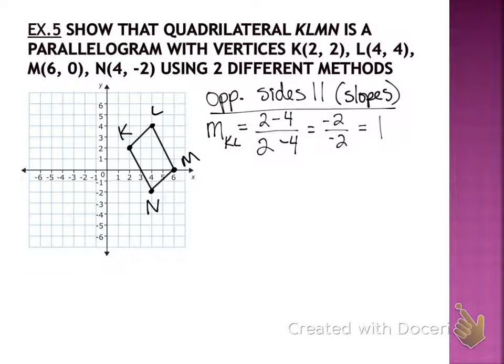Okay, what side is opposite KL? MN, so I would say the next slope we should find is MN. If these lines are going to be parallel, what needs to be true about their slopes? They gotta have the same slope. Okay, so for MN, what's going in our numerator? If you start with 0, then you should put what after it?